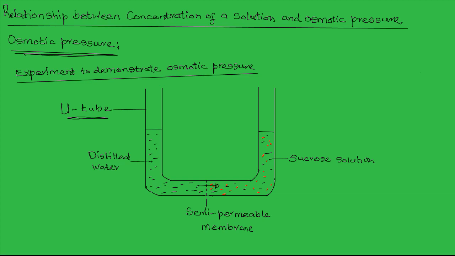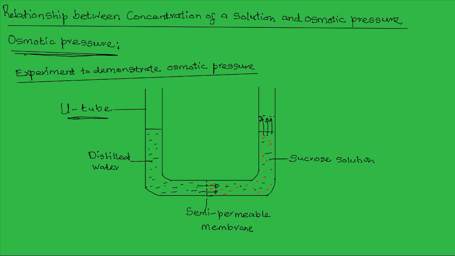This force will cause the solution in the arm of the U-tube that contains sucrose solution to rise to a new level. So this rise in the solution is caused by a pressure generated by the water molecules as they move from the region of low solute concentration or high water molecule concentration across the semi-permeable membrane to the sucrose solution.